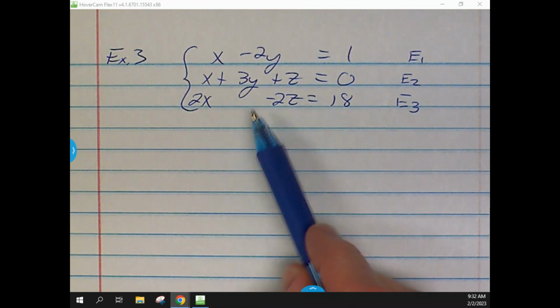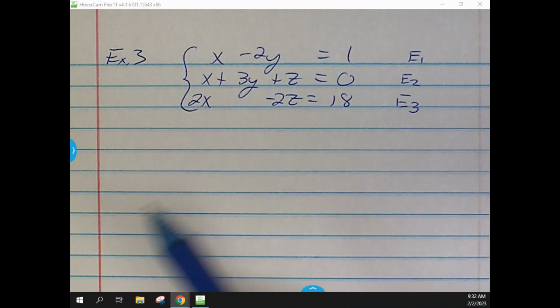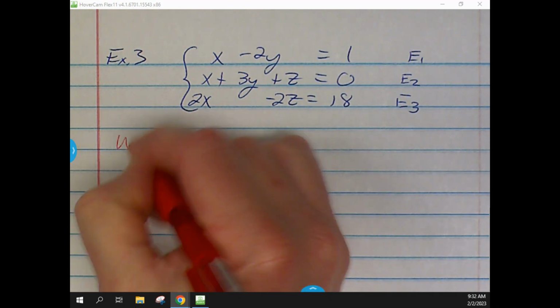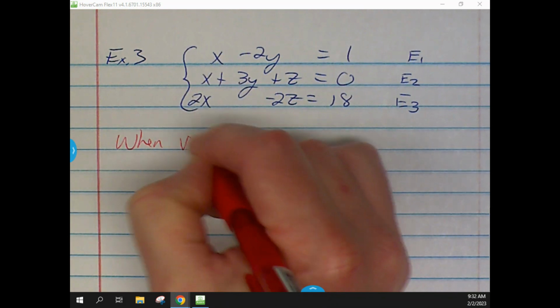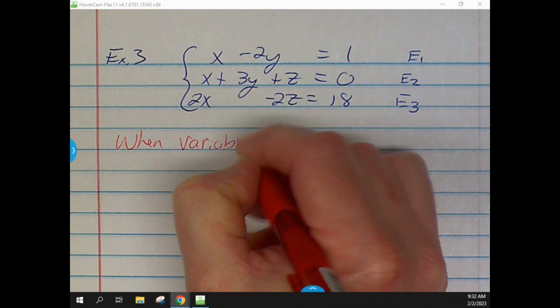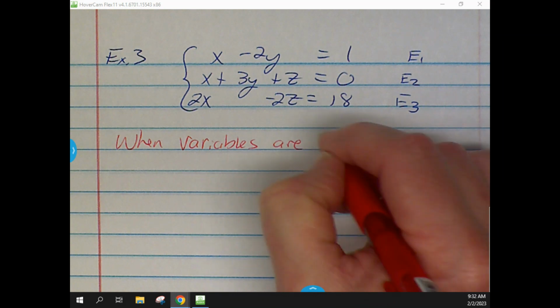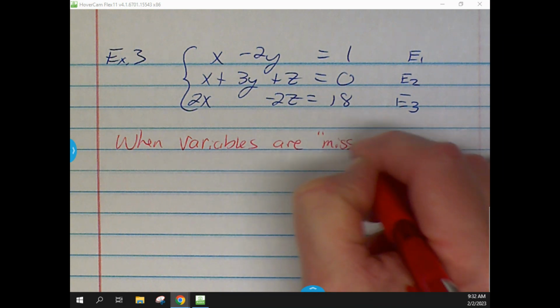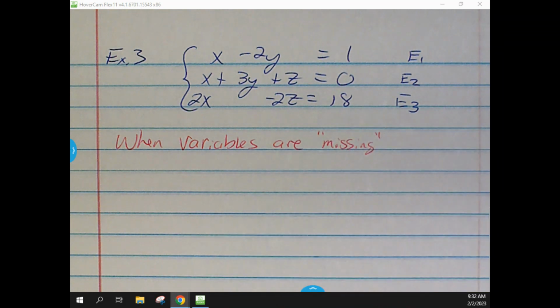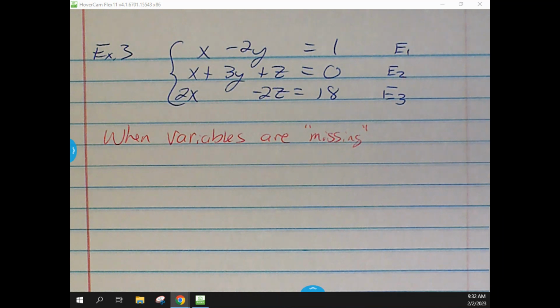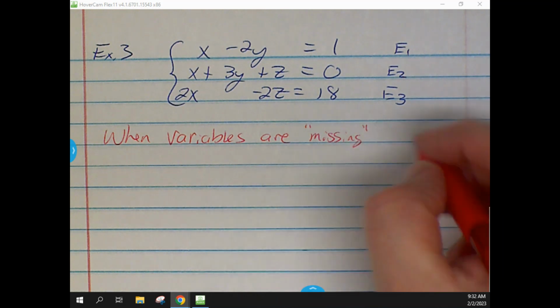So they've eliminated y from this one, they've eliminated z from this one. Again, they're not really missing, but the way we look at it, we'll quote unquote call them missing. So when variables are missing, step 1 is done for you.